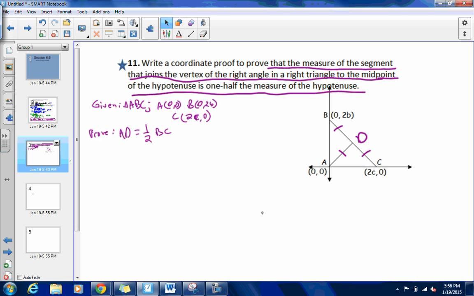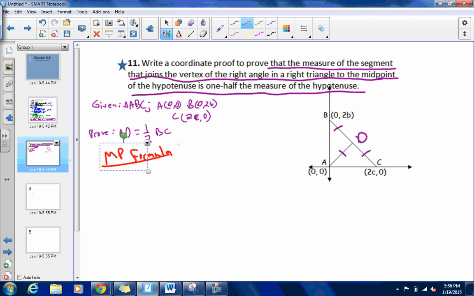Now, first of all, we got to figure out what D is. And that's going to use the midpoint formula, since D is the midpoint of BC. The midpoint formula is pretty much finding the average of the x's and the y's.